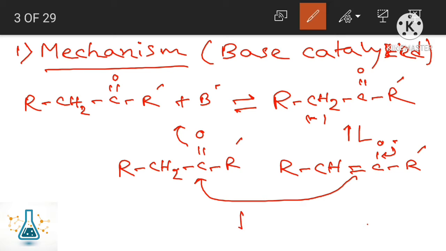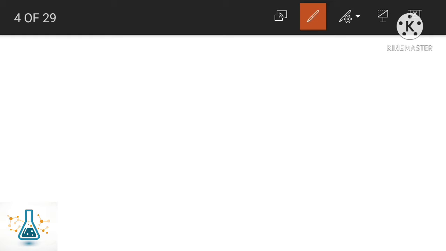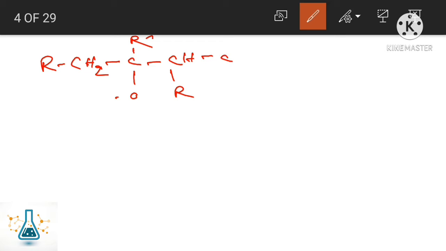So basically what happens in this step, we will get this RCH2C(O minus)R prime CH R CO R prime, like this.